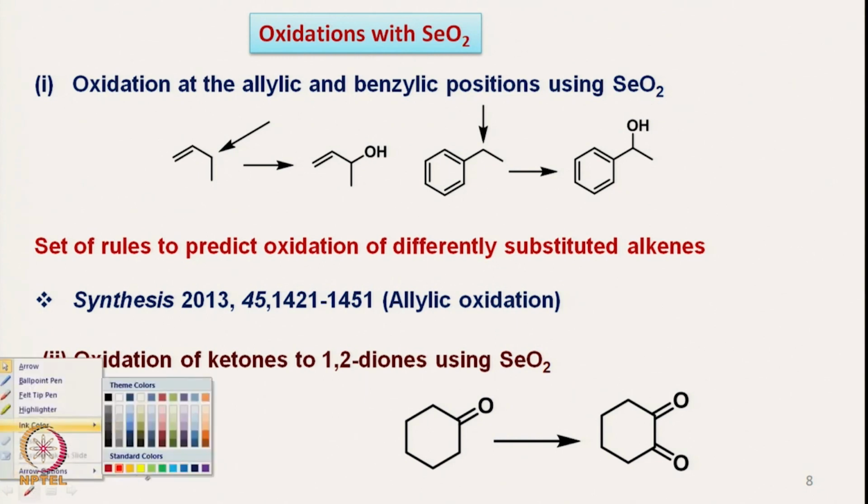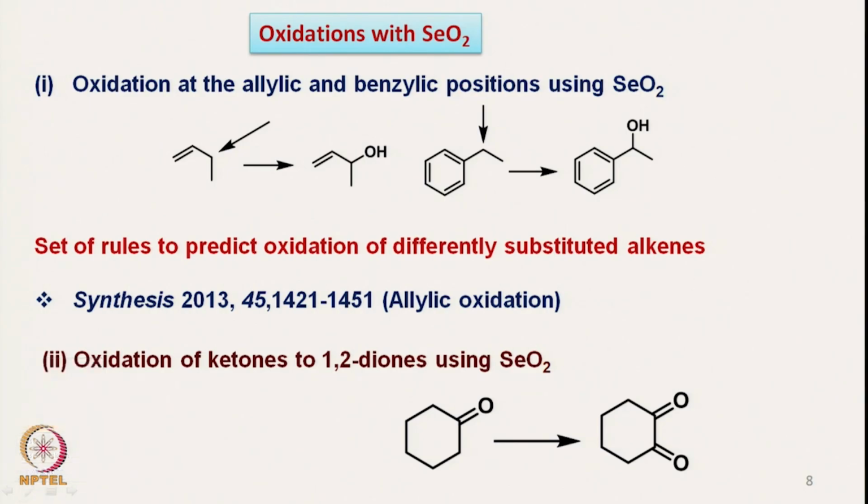As I have shown here, you can carry out the oxidation at the allylic position here or at the benzylic position here. Now, what are the ways by which we can directly introduce a hydroxy group here? One way of doing it is with selenium dioxide.